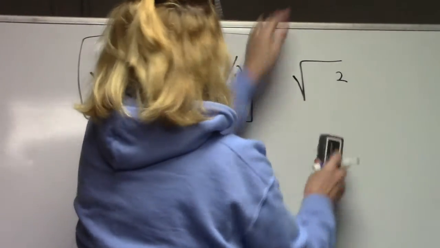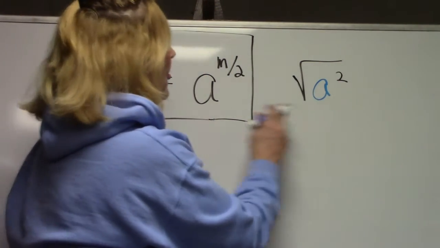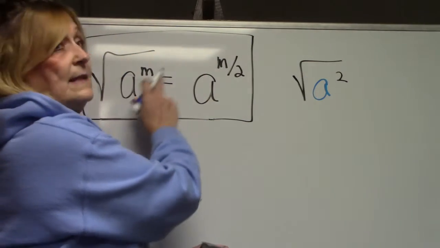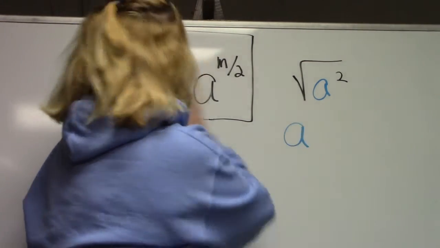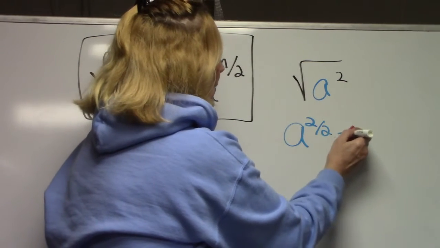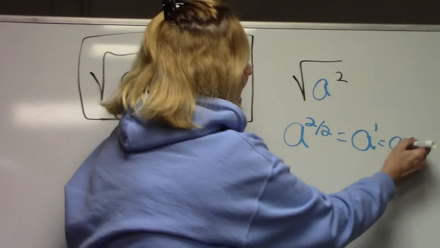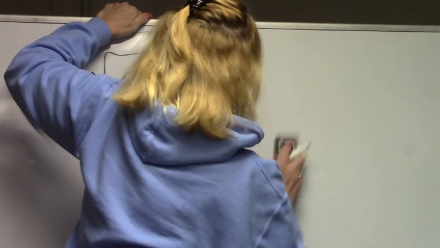So just to make you happy, I'll call it a so you can see it exactly. So a to the m is like saying a to the m, which is 2, divided by 2, which is a to the 1, or simply a. All right, so that's pretty much all we're doing here.